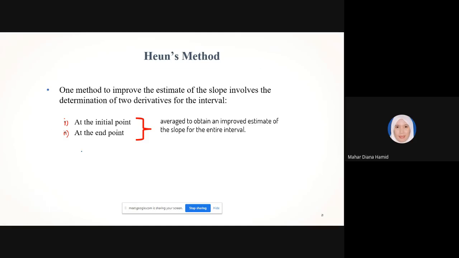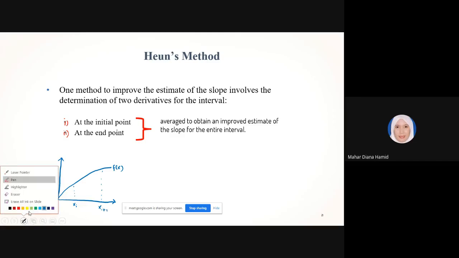Let's say that we have the ODE function that we wanted to solve, and this is the value of x i, and this is x i plus 1. So you wanted to know what is the value of y i plus 1.